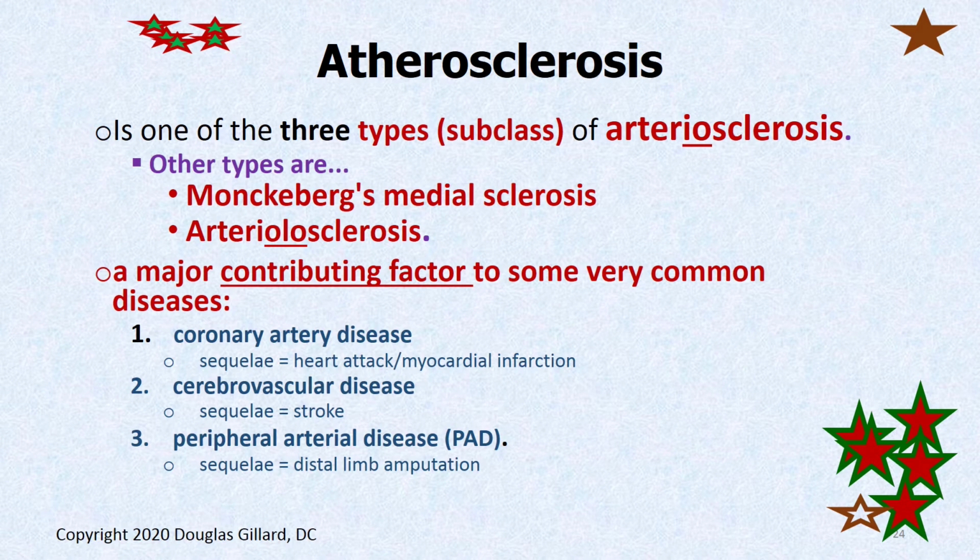Coronary artery disease, if it occurs and it blocks an artery, you get a heart attack. Cerebrovascular disease is basically a stroke if it clogs up one of the middle cerebral arteries, and it causes a complete Beaver Dam. You get a massive stroke. It may not make it through that one.